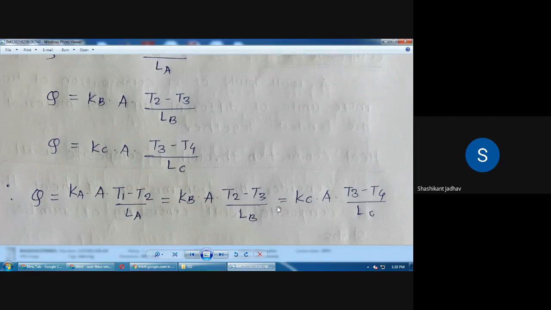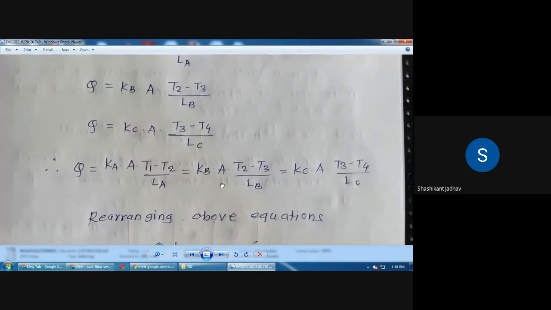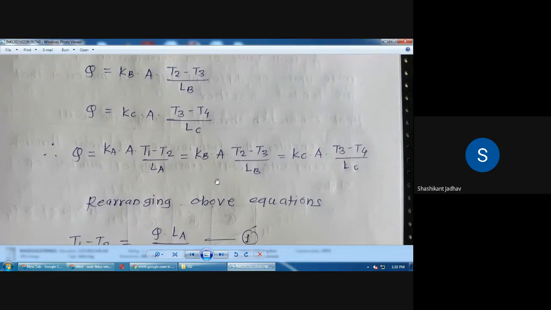Okay, Q is equal to K into A into T1 minus T2 divided by LA is equal to KB into A into T2 minus T3 divided by LB is equal to KC into A into T3 minus T4 divided by LC.